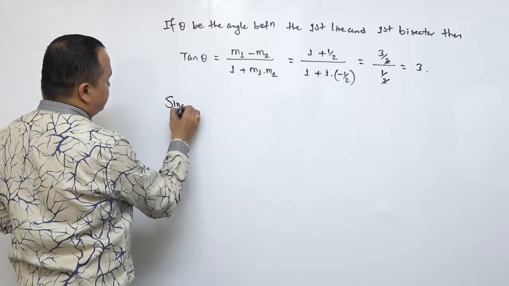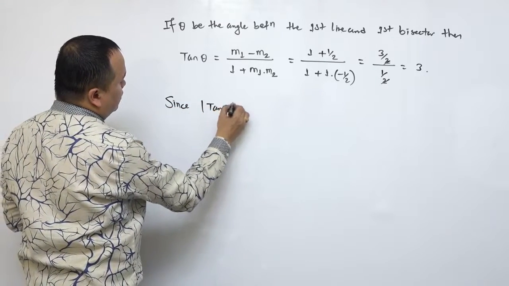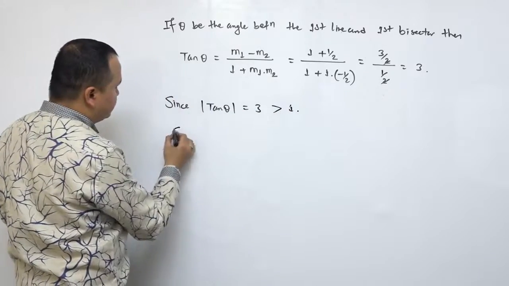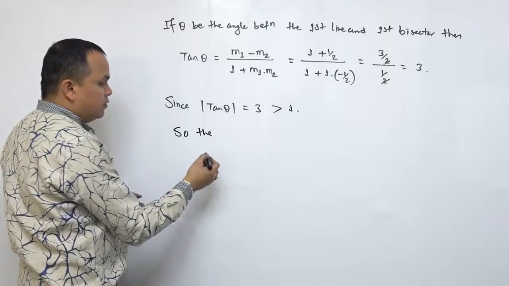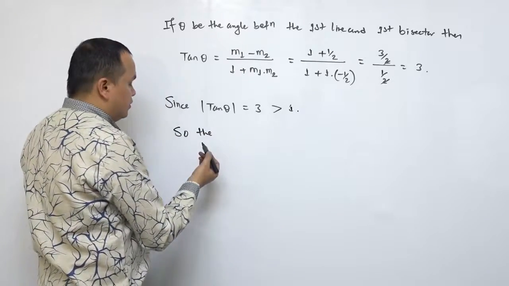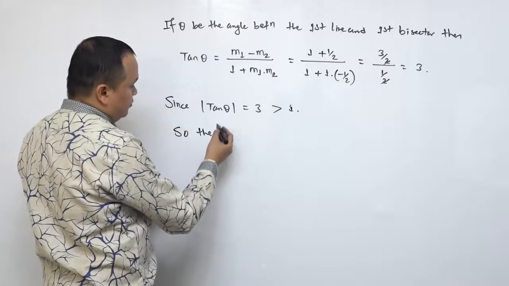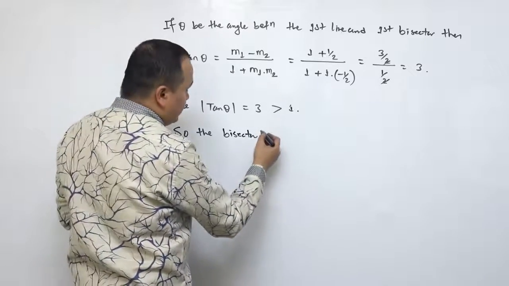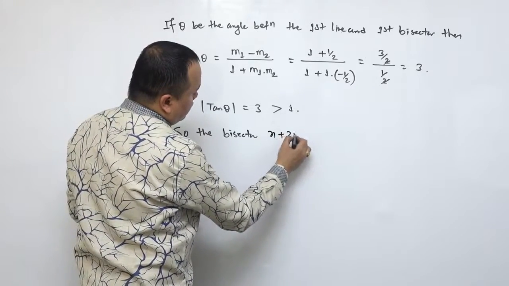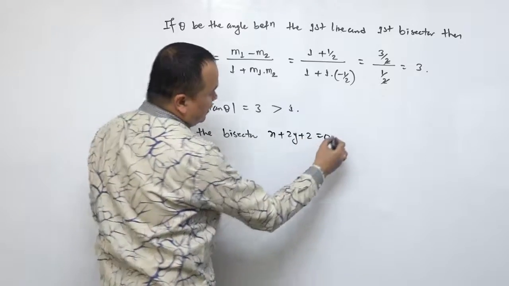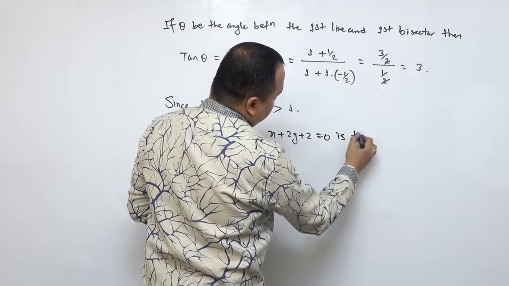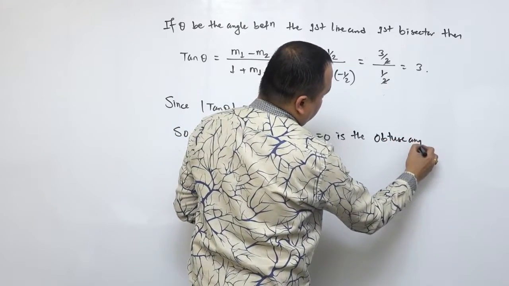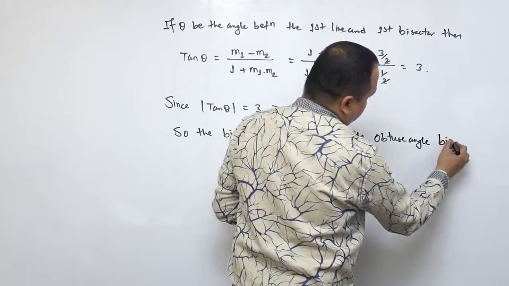Since the modulus of tan theta is 3, which is greater than 1, the first bisector, that is x plus 2y plus 2 is equal to 0, is the obtuse angle bisector.